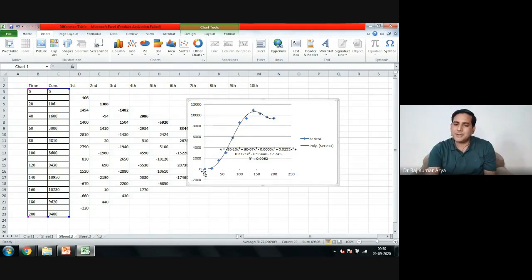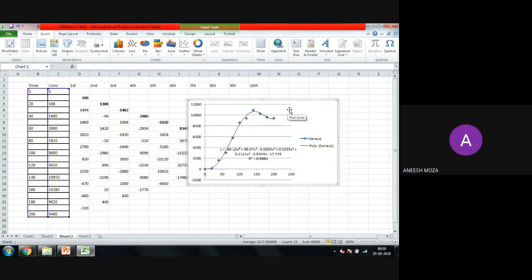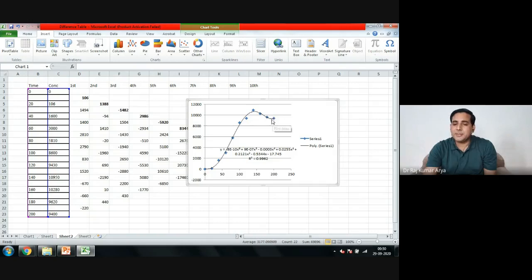In the given range from 0 to 200, you will get a 100% correct answer from this fitting. But if you are talking about 210 or 220, it means you are expecting that this graph should go somewhere, something like that. That's what its trend is, right? But it may be possible that it may become something like that.